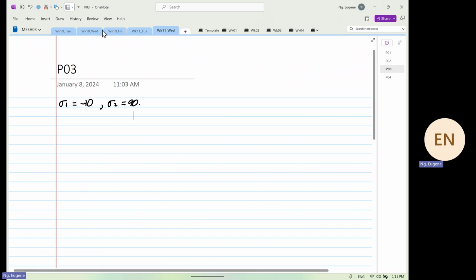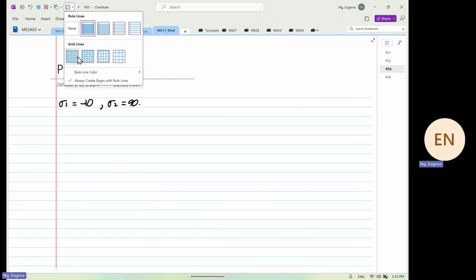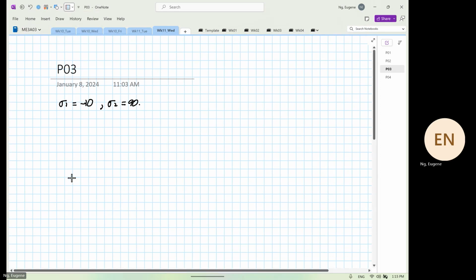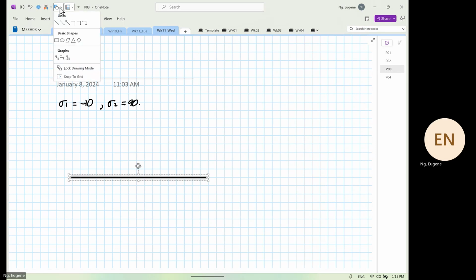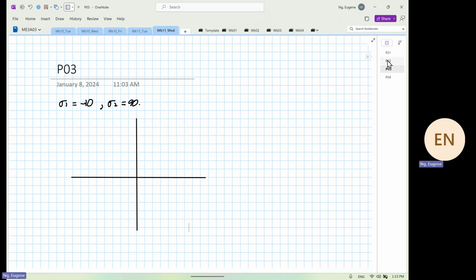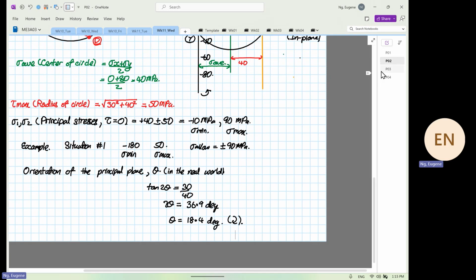Okay, so we know that. So now we are going to construct an element, or construct this line over here. And then we know the rotation angle is clockwise 18.4 degrees.